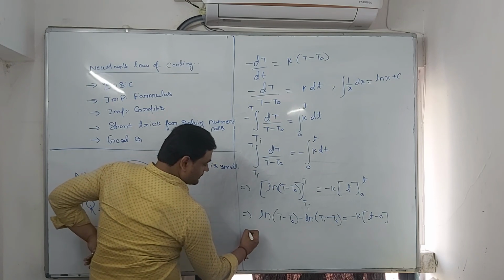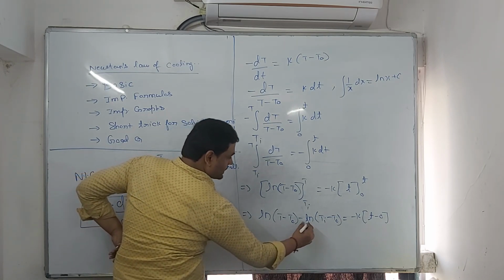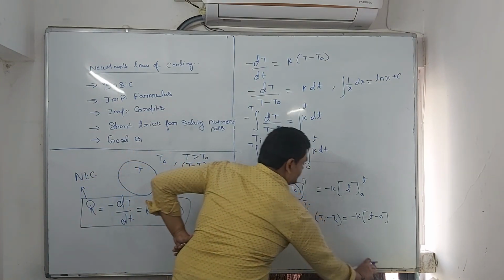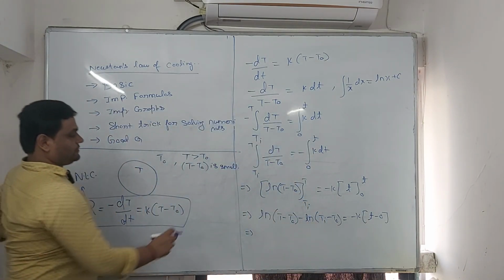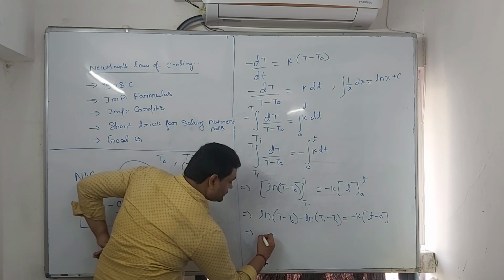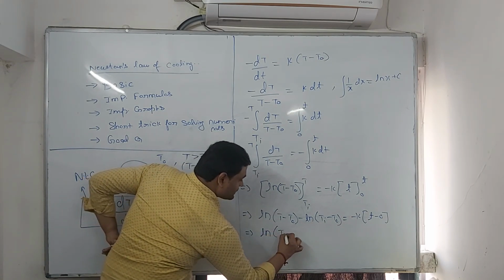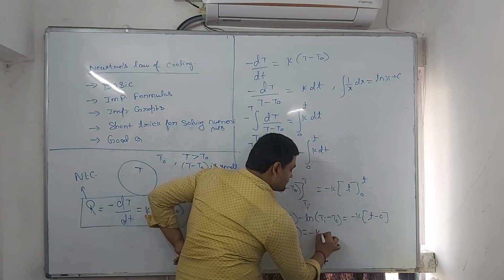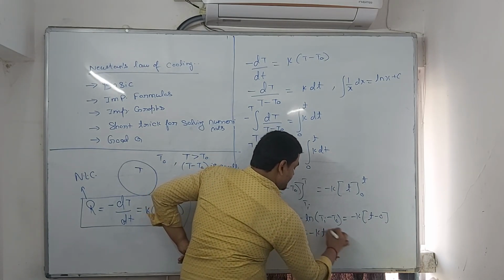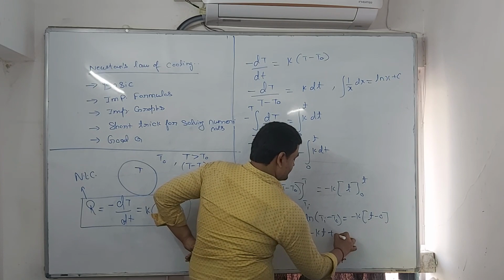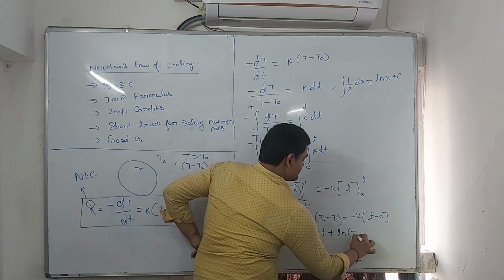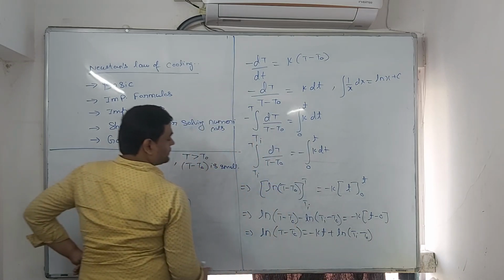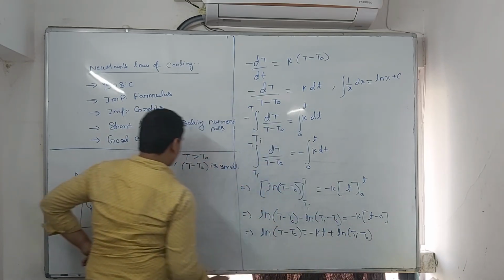So what we will receive here? A new formula: ln (T minus T naught) is equal to minus kt plus ln (Ti minus T naught).